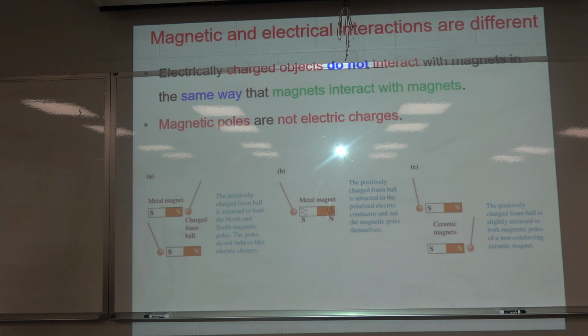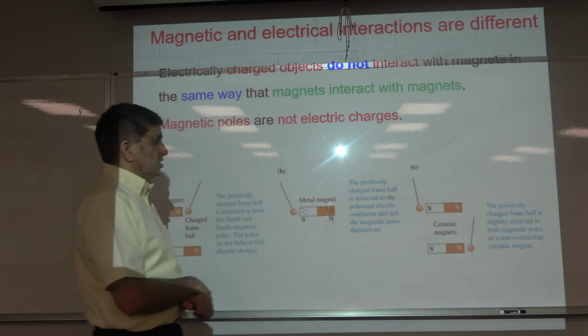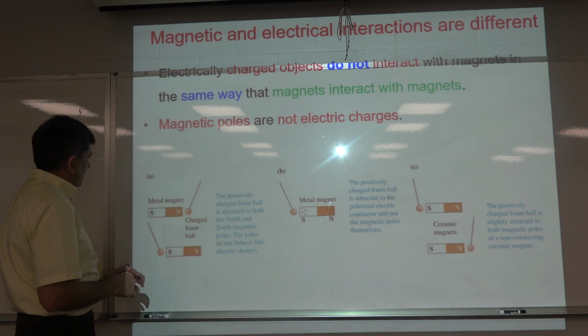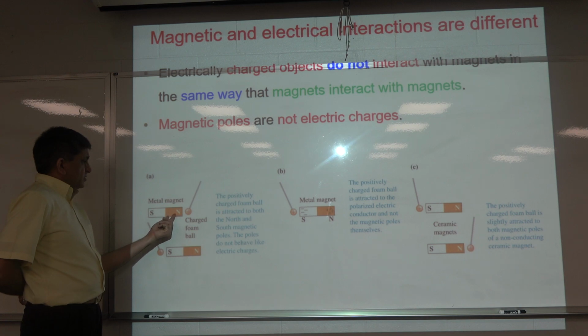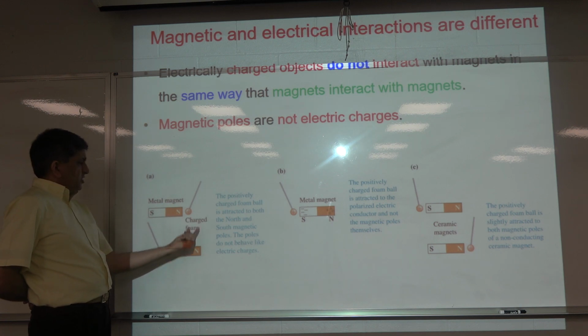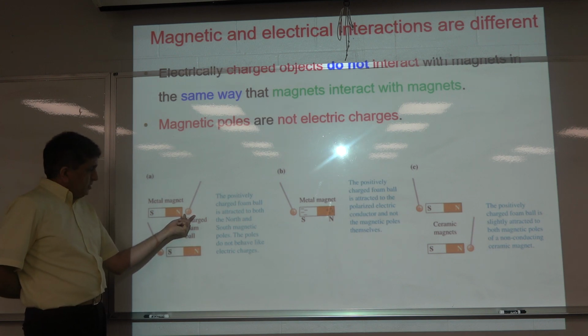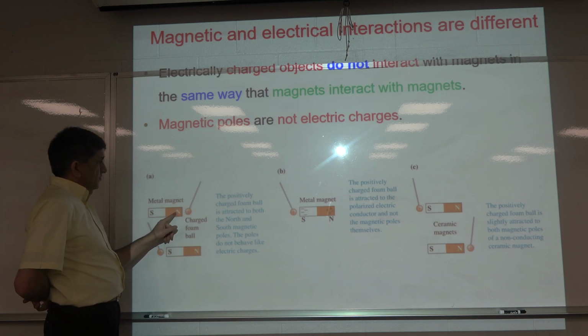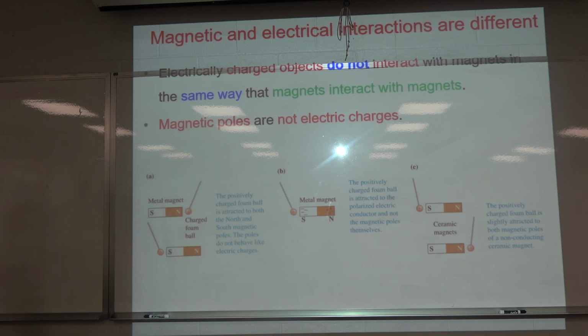The magnetic poles are not electrical charges. For example, here I have a bar magnet, with the north pole and the south pole of the magnet, and I have a charged foam ball. When it is hanging from the thread and I bring the positively charged foam ball closer to the north pole of the magnet, it is being attracted.